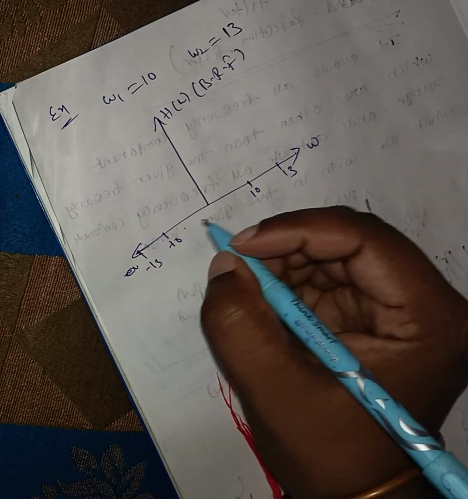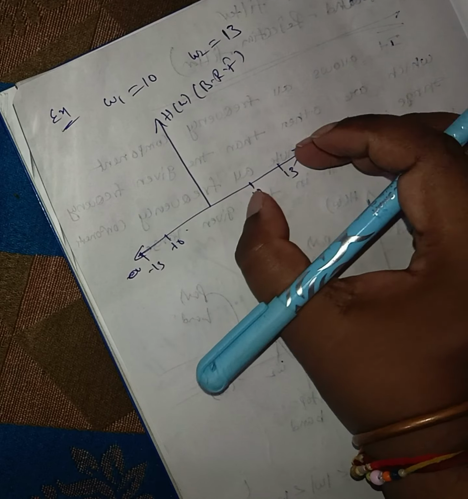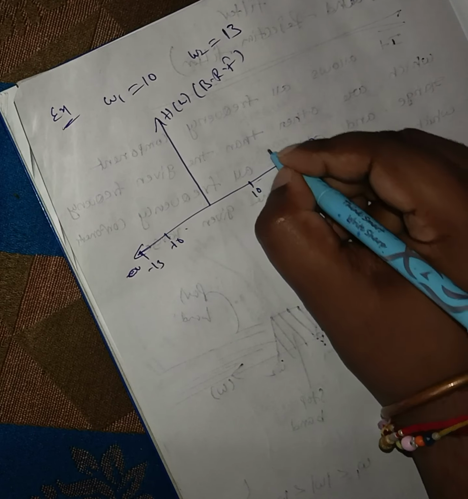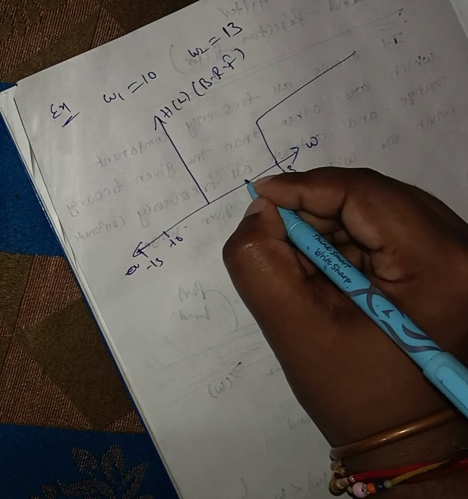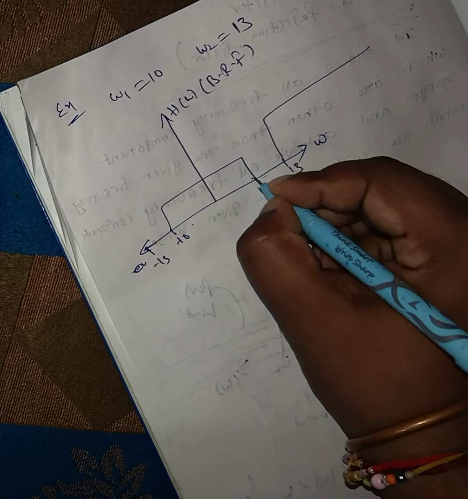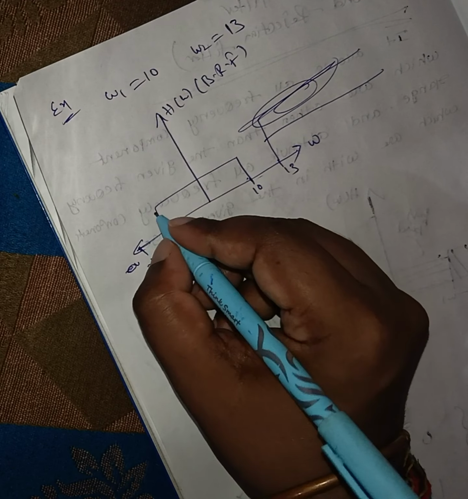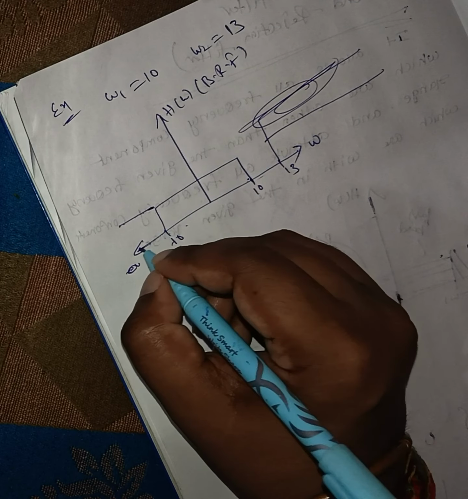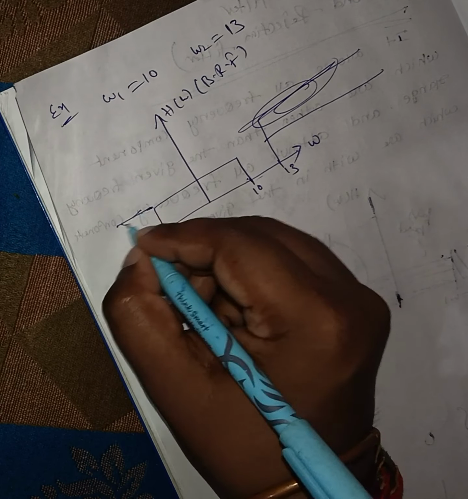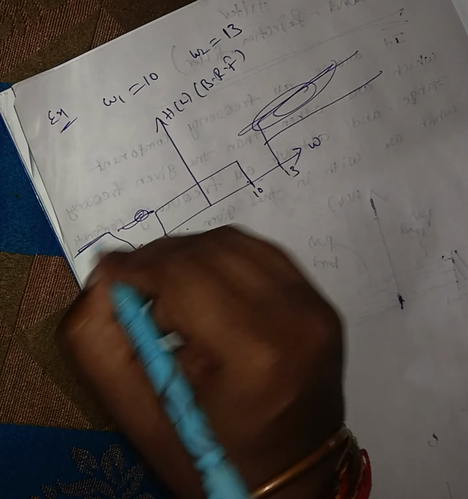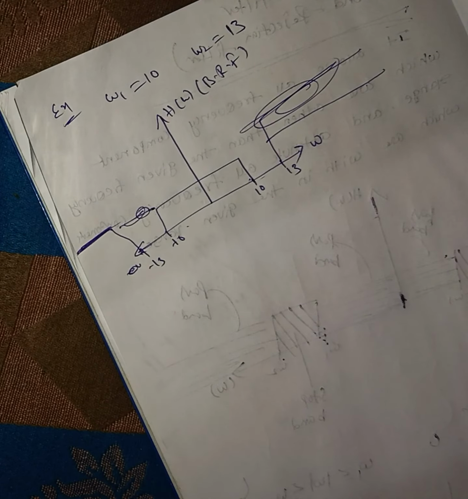All frequency components other than this range it will allow, and it will not allow this range, so it will allow from here. This will be the ideal graph. Okay, thank you.